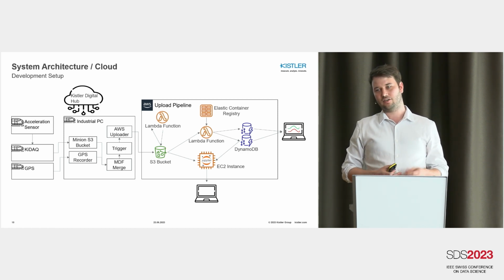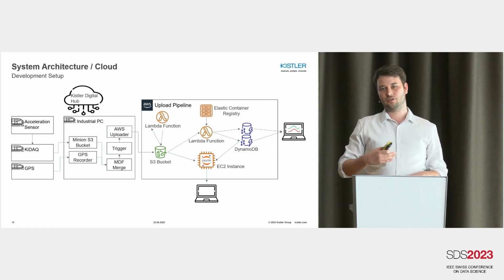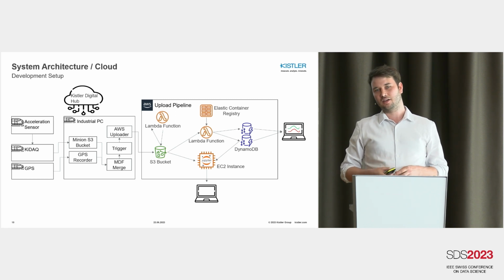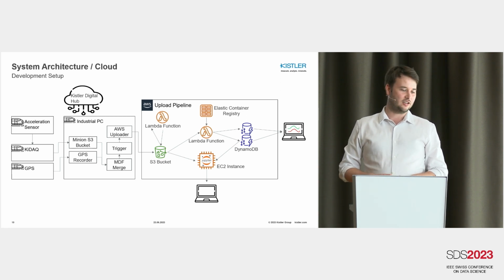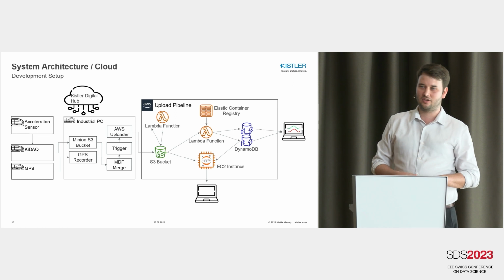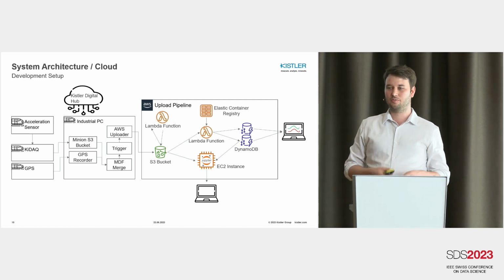As soon as the file is uploaded to the cloud, a function is triggered which extracts the meaningful values, applies algorithms and stores the results in the corresponding database. This database is then accessed by our customers or the application and shown to the customer.